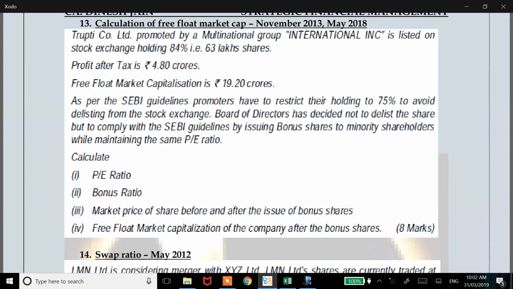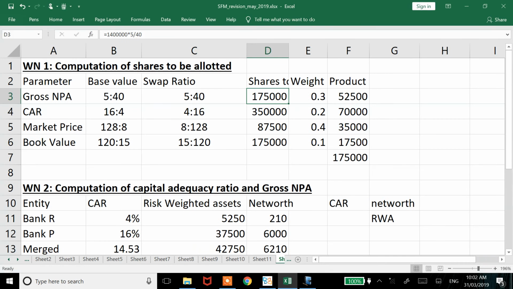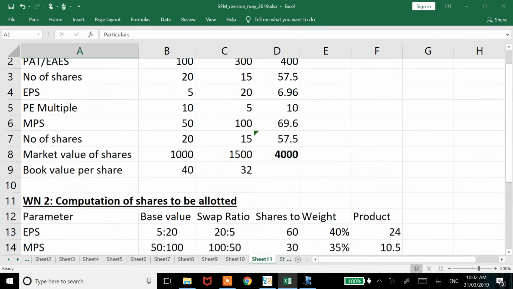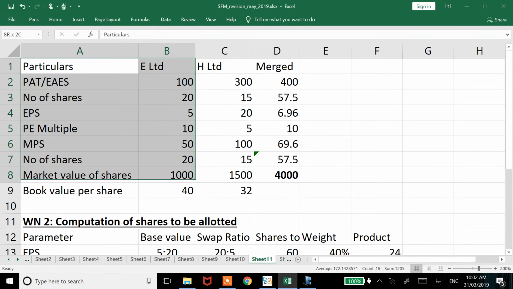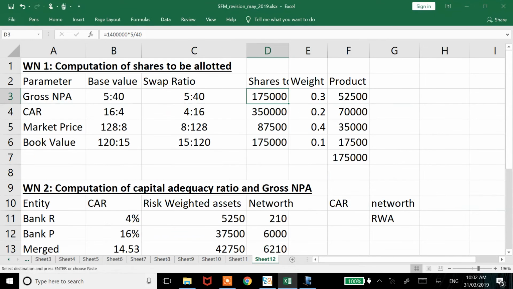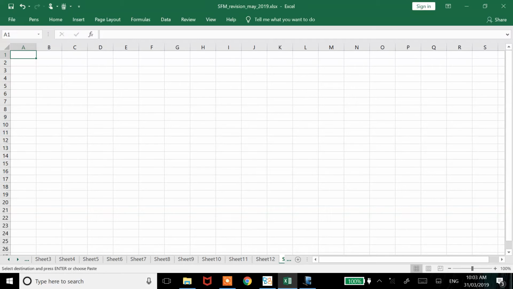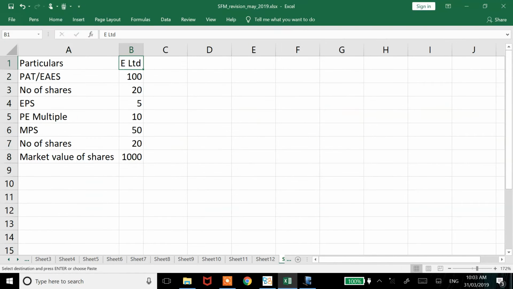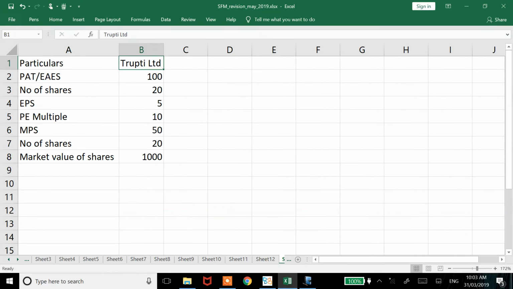You will get some information. The rest we will see how we calculate. We'll see the balance in some time.